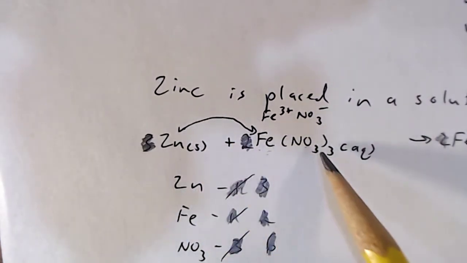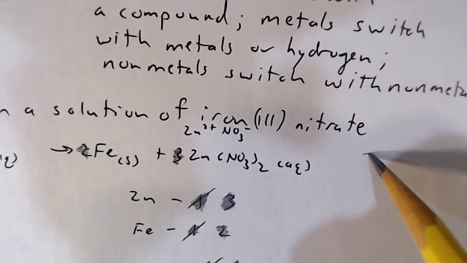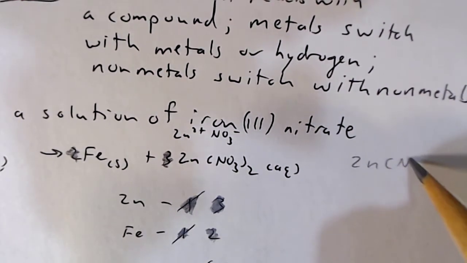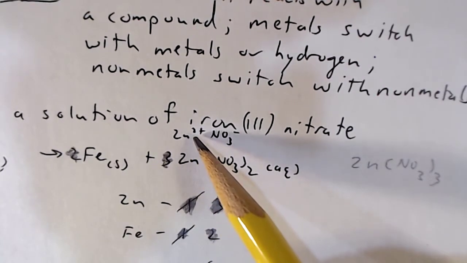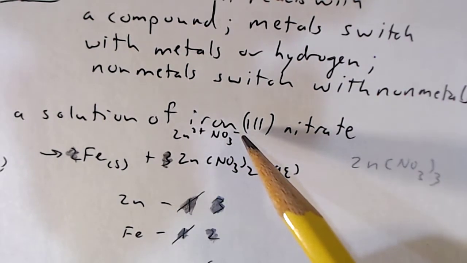Now I know you might want to say that zinc just comes in and hangs out with 3 nitrates. I know you're tempted just to say that zinc nitrate formed would have this formula, but that is an impossible compound. Zinc has a +2 charge, but nitrate has a -1 charge.